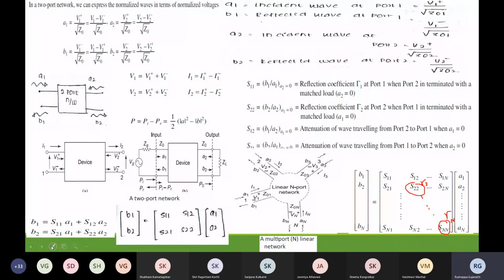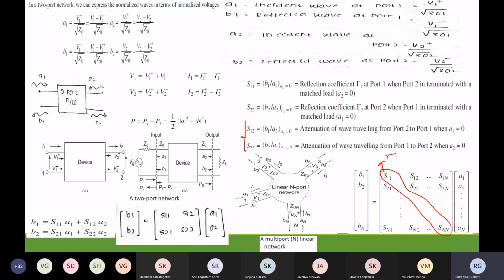What we have to look out for is that the diagonal elements present in the scattering matrix give the information pertaining to the reflection coefficient.